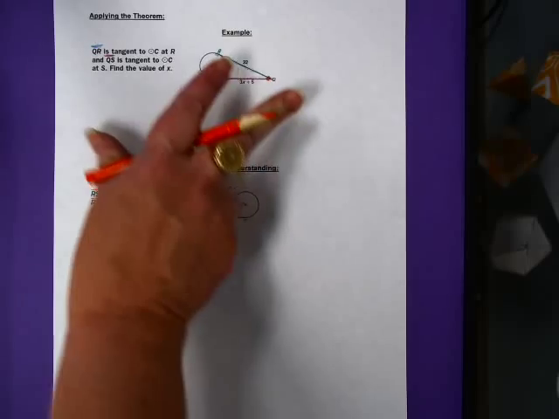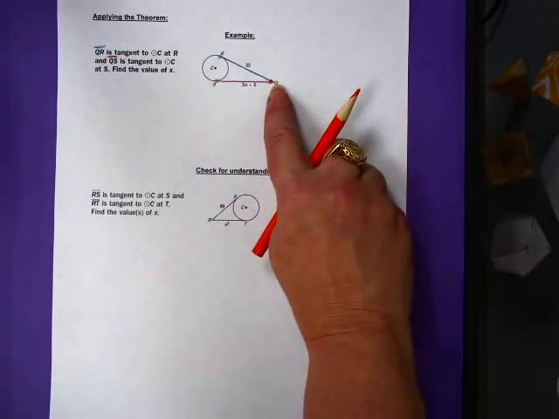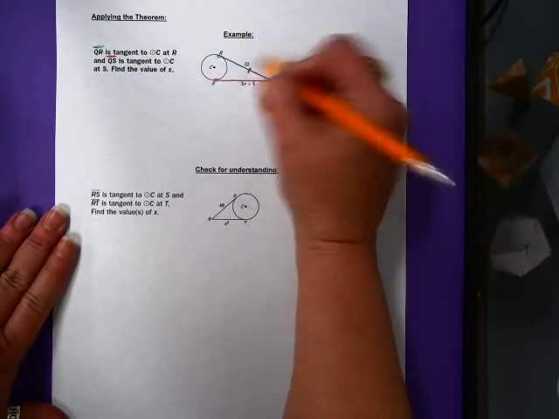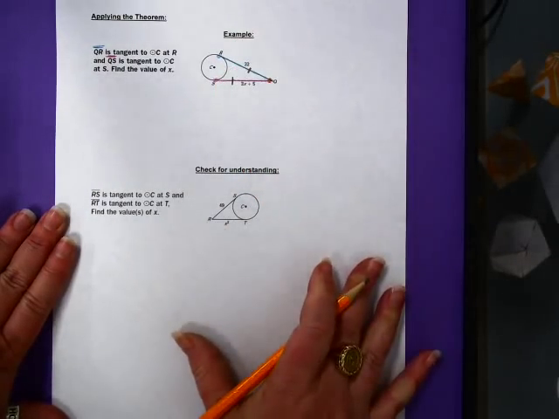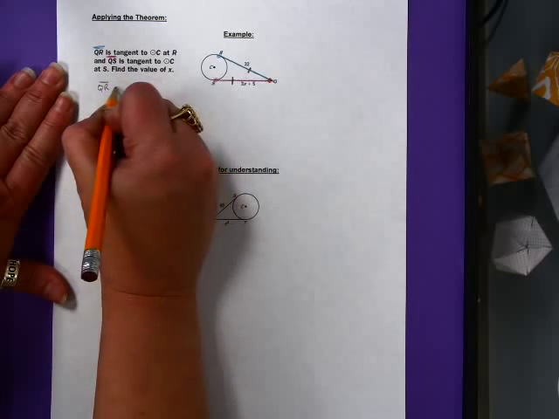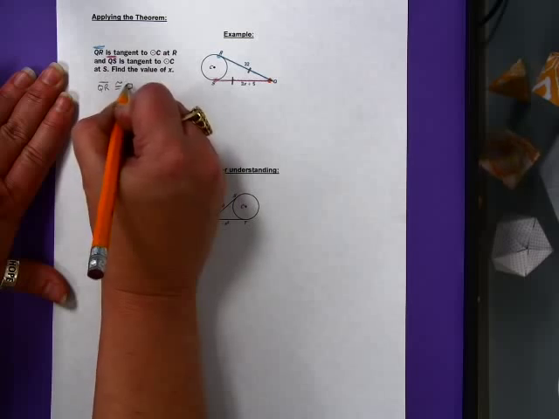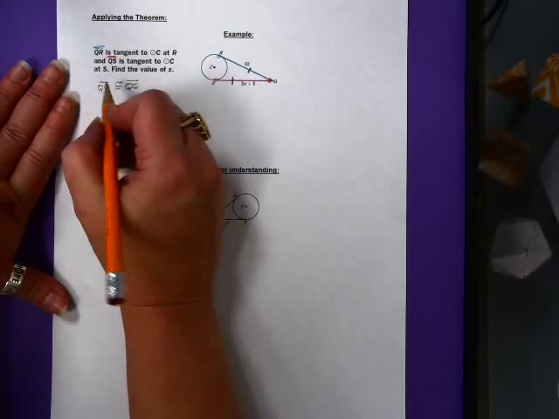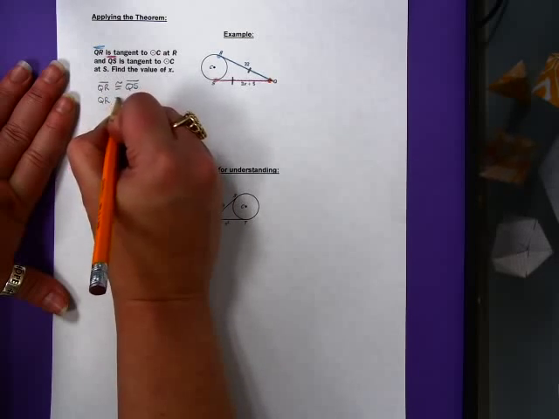So since there are 2 tangents that intersect at this common point, then that means that this segment is congruent to this segment. So what we know is that QR is congruent to QS. Okay, well, that just means that QR equals QS.